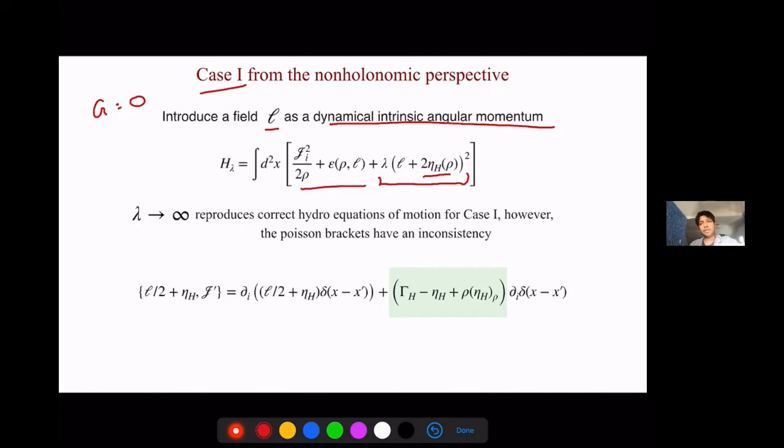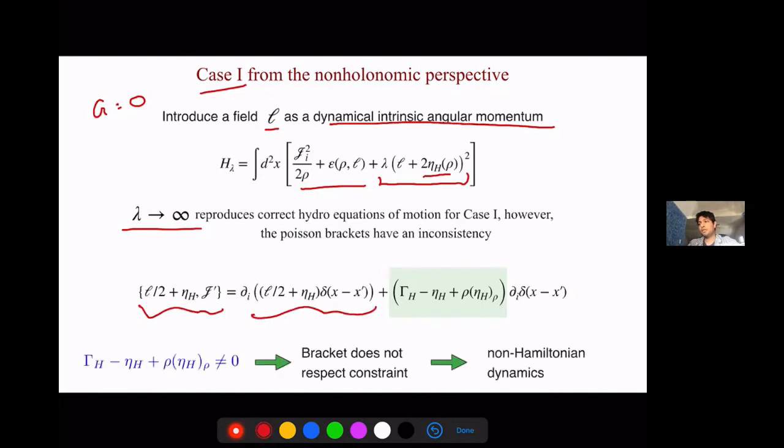However, the Poisson brackets run into an inconsistency precisely in this limit. This Poisson bracket is inconsistent if I do not satisfy the Jacobi identity. If this is not equal to 0, the bracket does not respect the constraint and thereby generates non-Hamiltonian dynamics.